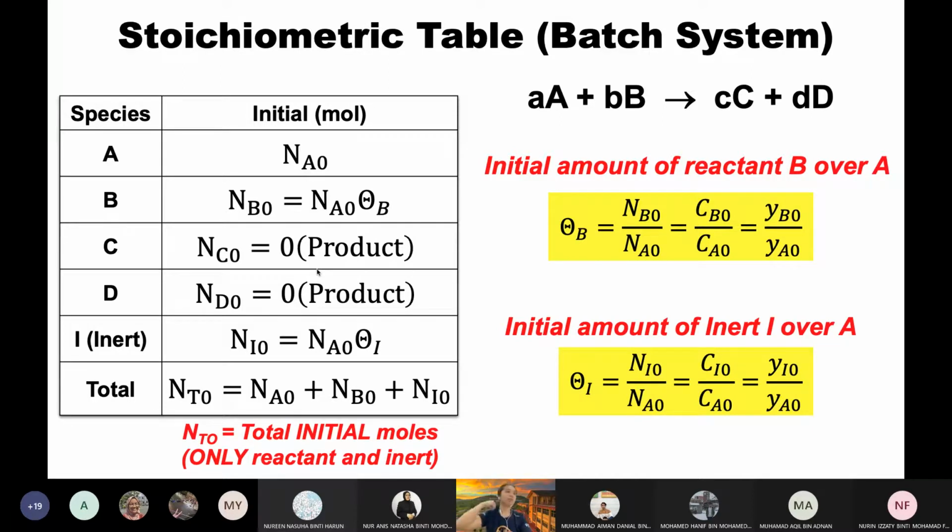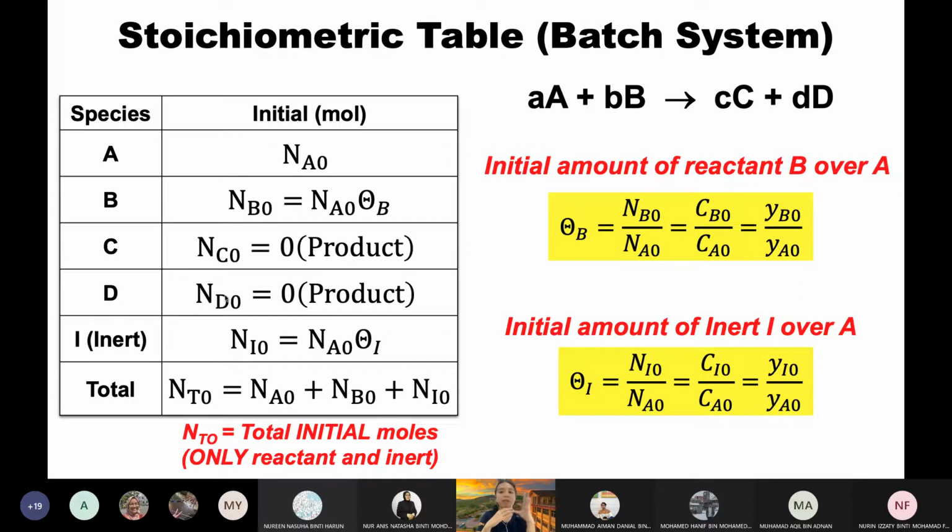Okay, now imagine kita nak buat kolom yang pertama, kolom initial. Okay, kamu kena faham kenapa dia menjadi kompleks dalam table ni, sebab kita nak semua nilai dalam table ni hanya berdasarkan NA0 dan X. Again, I repeat, segala nilai dalam table ni hanya berdasarkan NA0 dan X untuk batch.